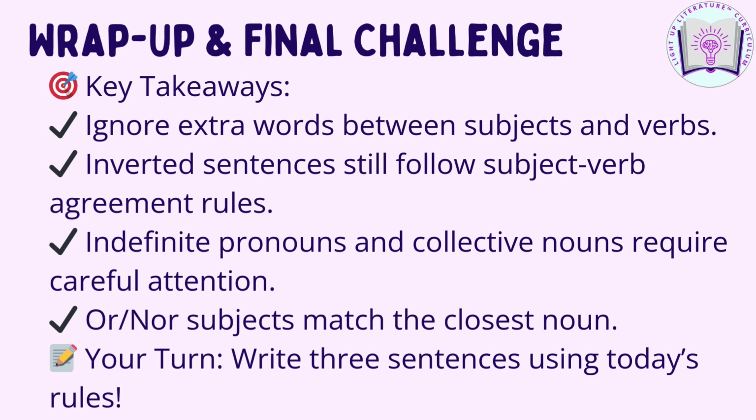Inverted sentences, look for the subject that's actually the subject of the sentence. Usually it's at the end. Indefinite pronouns and collective nouns require careful attention. You're going to have to look at either the prepositional phrase or look for the collective nouns. Are they working as a group or are they working as individuals? And nor and or subjects match the closest noun.